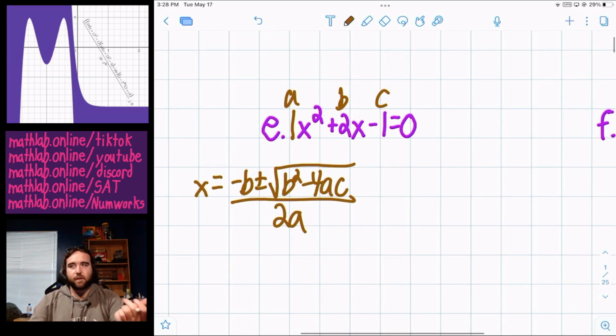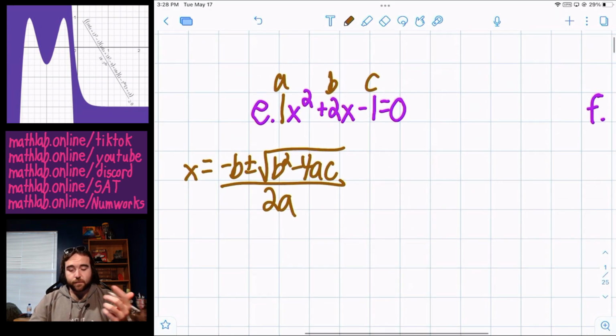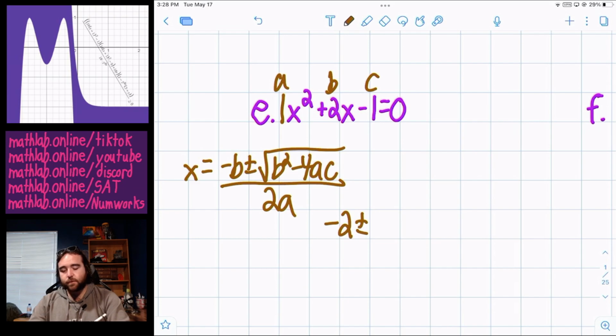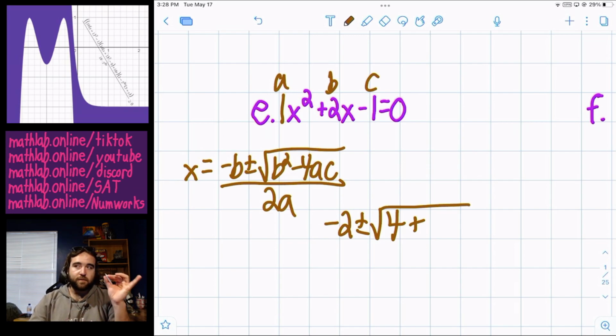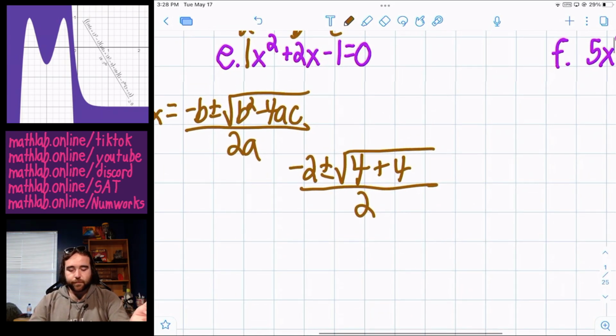Just the numbers, not the x's, but including the signs. So that's going to be -2 plus or minus the square root of 4 plus, because -1 times 1 times 4, and then minus, so plus 4 over 2.